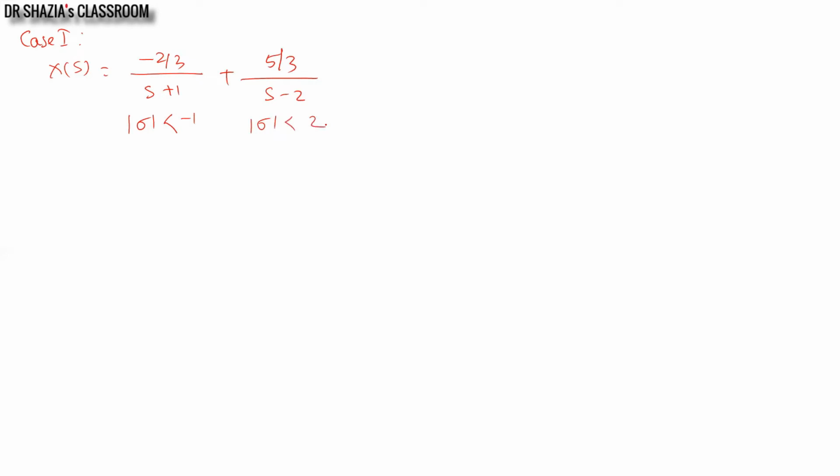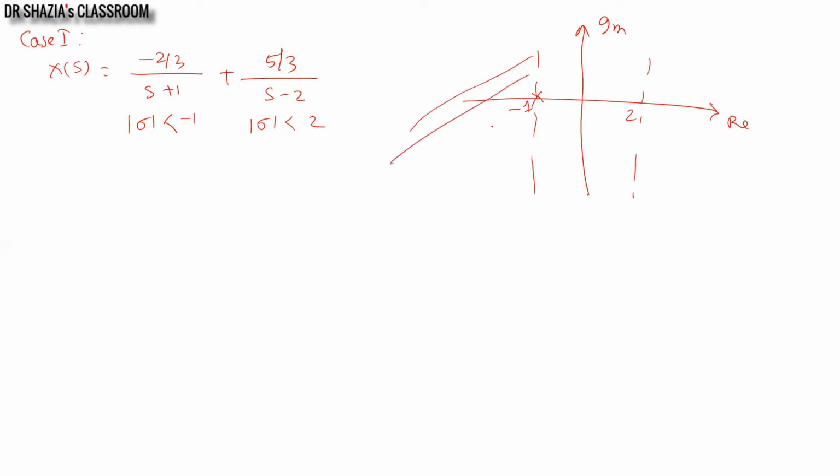Both the signals are left-sided sequences. So if this is my real part and imaginary part, the S plane, this is minus 1, this is 2. I am assuming for the first signal the ROC is sigma 1 less than minus 1, sigma 2 less than 2. Both are left-sided signals.